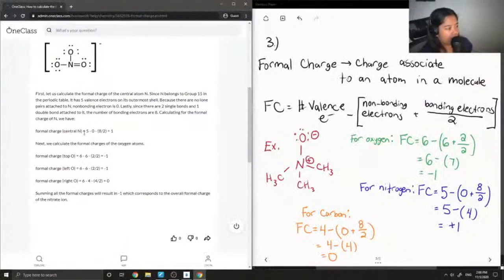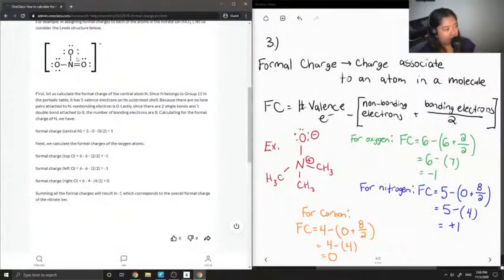And then they also calculated the formal charges of each individual oxygen atom. They first looked at the top oxygen, has a valence number of electrons of 6. There are 6 electrons in the lone pairs. There's 1 bond with 2 electrons, so they got -1. If you look at the leftmost oxygen, it also has a -1 charge.